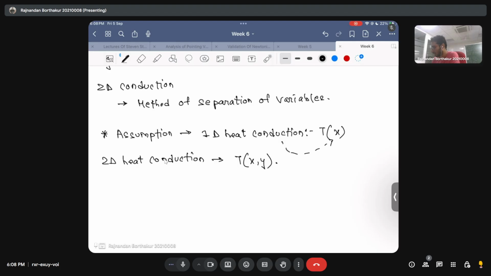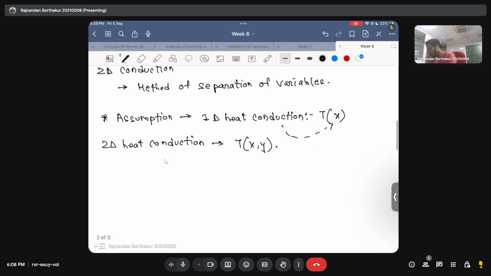So if the temperature profile now becomes a function of both x and y, this means that my heat transfer is 2 dimensional.